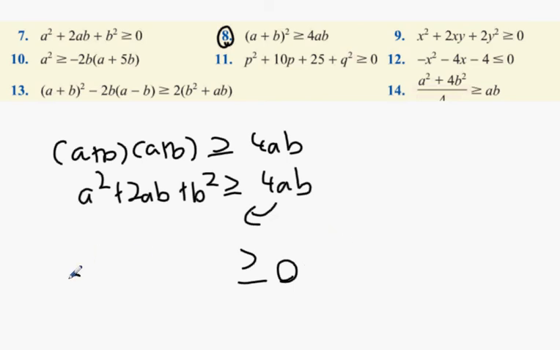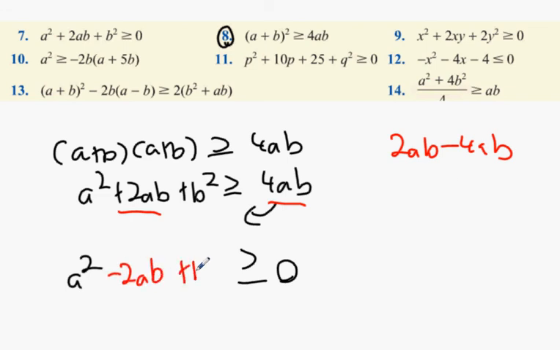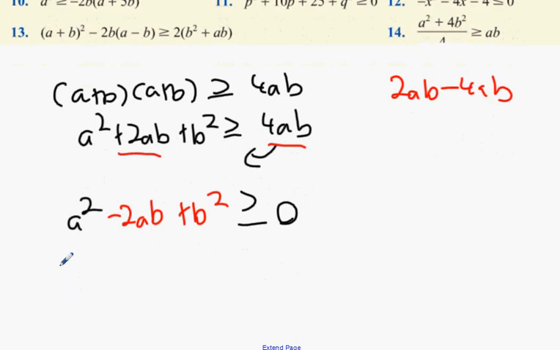So what we're going to have is a squared, now this 2ab, 4ab gets taken away from it, so what does that mean? Minus 2ab plus b squared, yeah? And then that's one of the ones we had earlier. Is it the plus one or the minus one? It's the minus version. And this is always guaranteed to be bigger than 0 for what reason? It's squared. A squared number is always bigger than or equal to 0. Okay, that's how you do one of them.